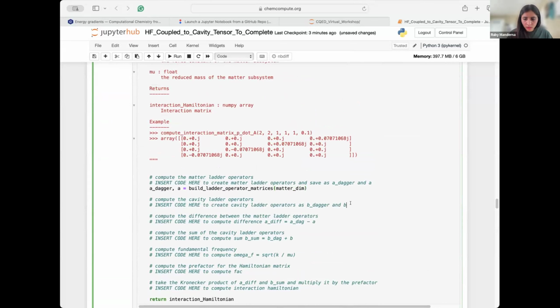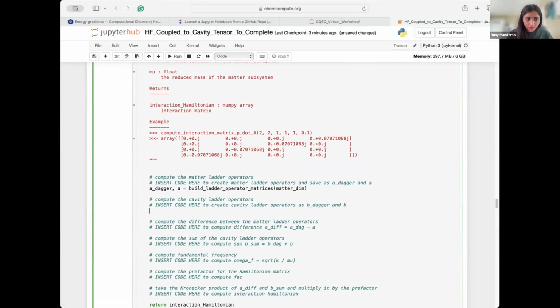Now, in this next line of code, we will compute the cavity ladder operators, and we'll store them as B underscore dagger and B. We'll simply again call this function, and we'll give the dimension of our cavity.